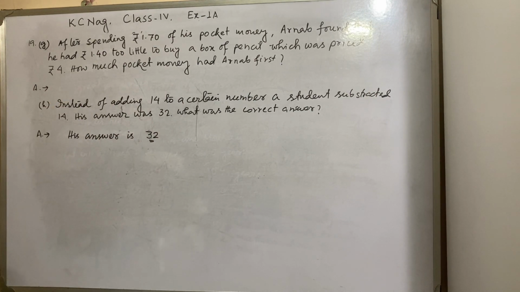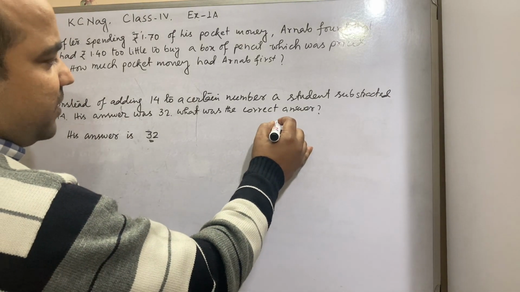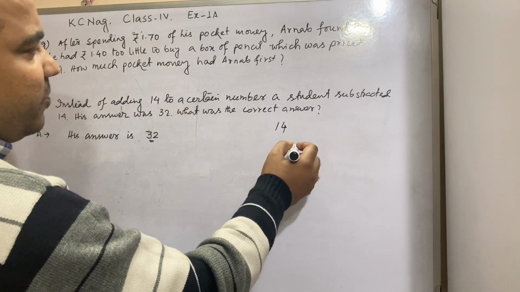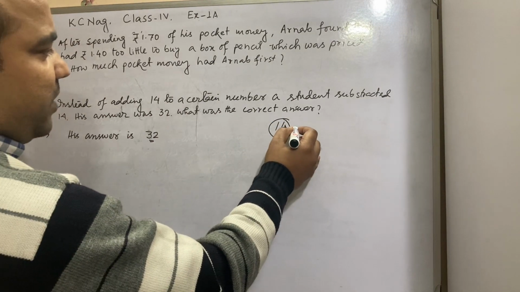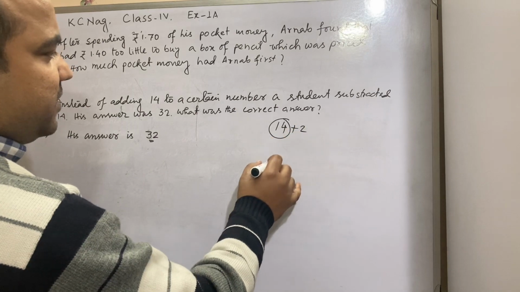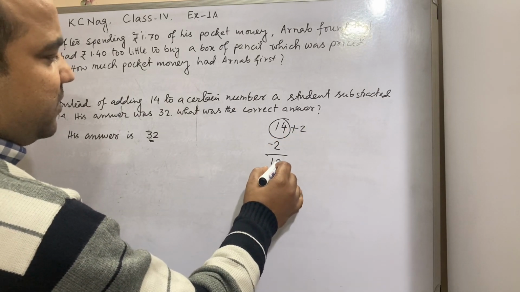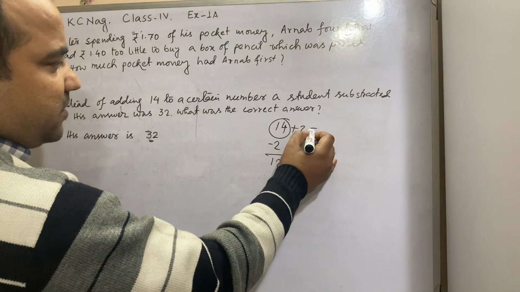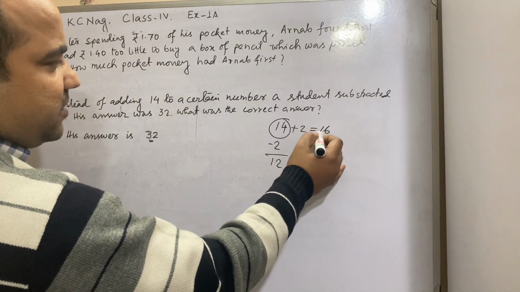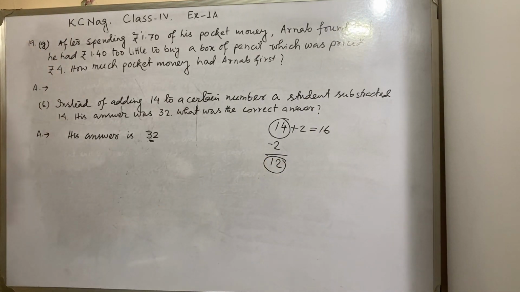So let me give you one example. Say for example, from 14 one boy had to add plus 2, but instead he subtracted 2 and he got the answer 12. What was the original answer? The original answer would have been 16, but his answer is now 12.